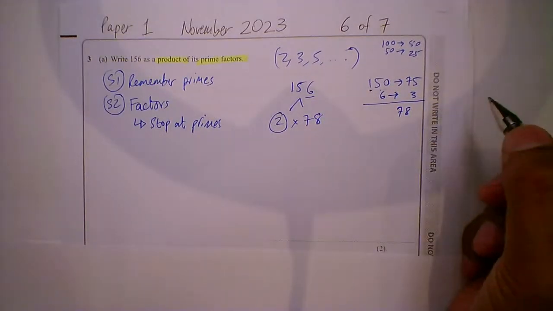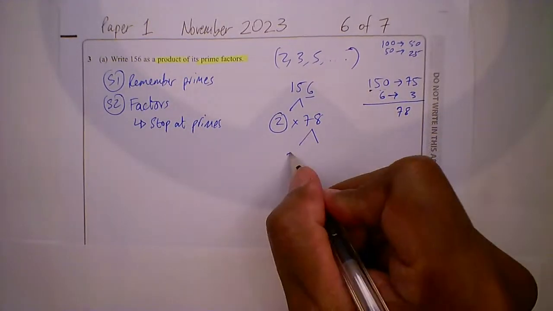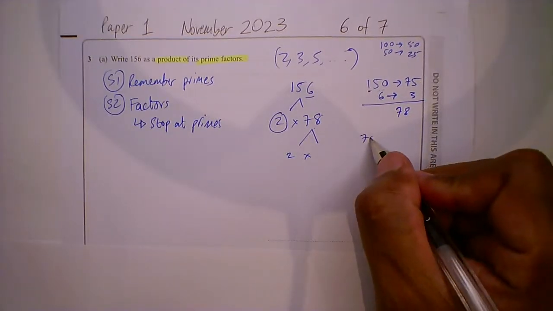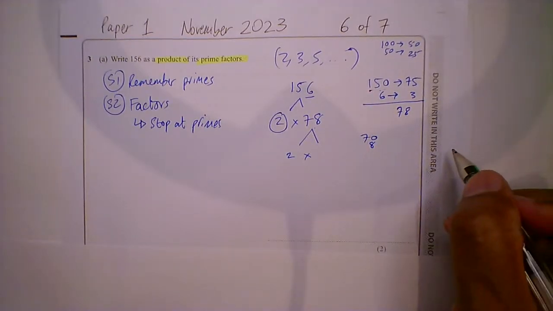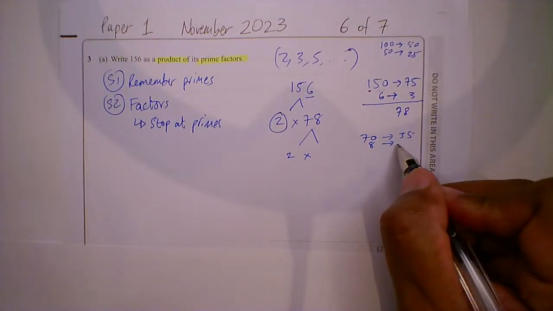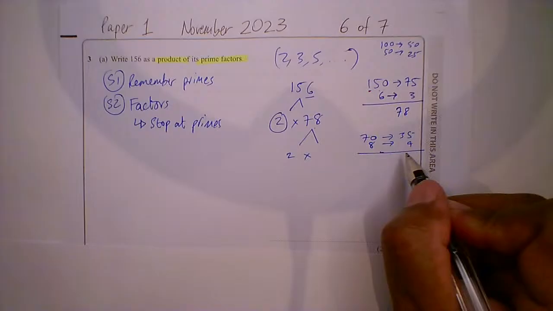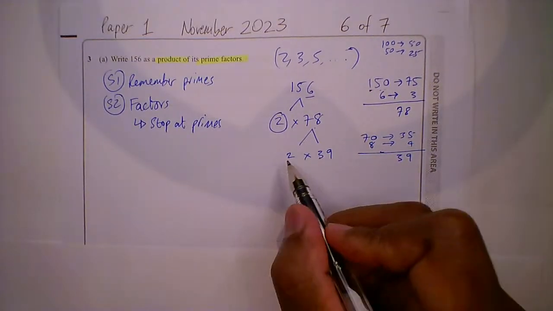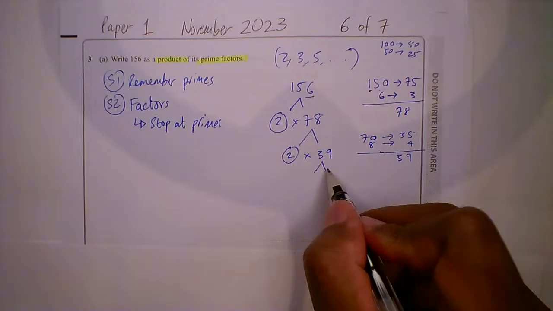Okay, 78 again is an even number, so I'm going to do 2 times. Again, I'm going to split up 70 and 8. And so half of 70 is 35, half of 8 is 4, and I can add them together, that's 39. Okay, now 2 is a prime number, keep going.